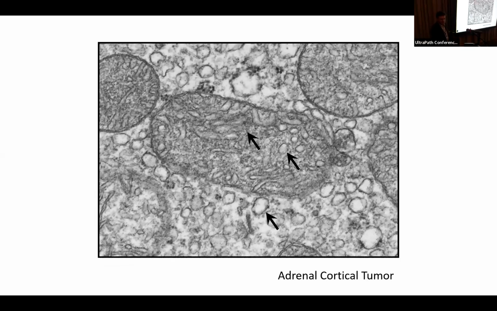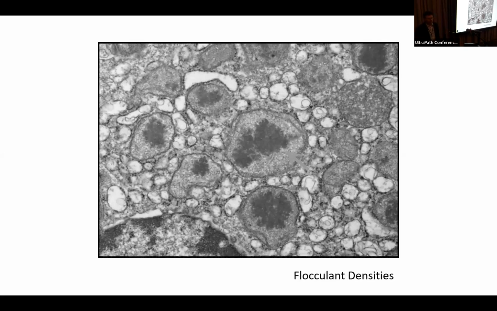I make this point because there is diagnostic information to be gained from the observation of tubular cristae, as it's another feature of these steroid-producing tumors, where you can see a proliferation of smooth endoplasmic reticulum and the tubular mitochondrial cristae there in that adrenal cortical tumor.